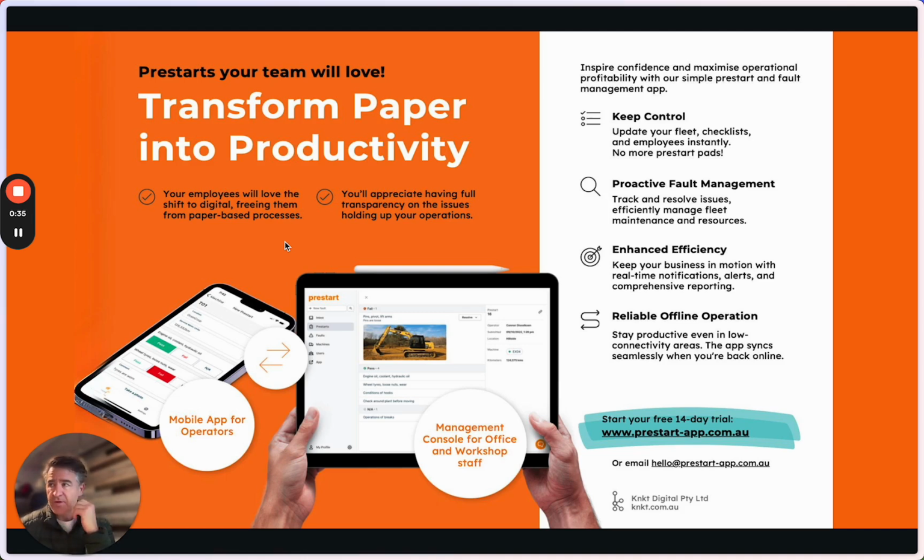We have clients, for example, an earthmoving company who uses it for their employees out on site who do the safety pre-start checklists. And then the admin team receive notice of those pre-starts. They log into the console, and then they triage any issues that are picked up from those pre-starts, pass them through to the workshop guys.